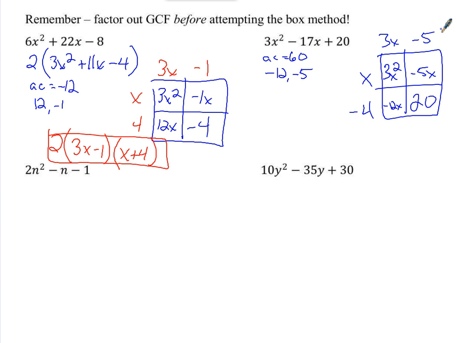Now what? Yeah, the problem's over. We just got to go with our FOIL problem. We have 3x minus 5, that's coming off the top here, times x minus 4, which is coming straight off the side that we factored out over there. That is the answer.